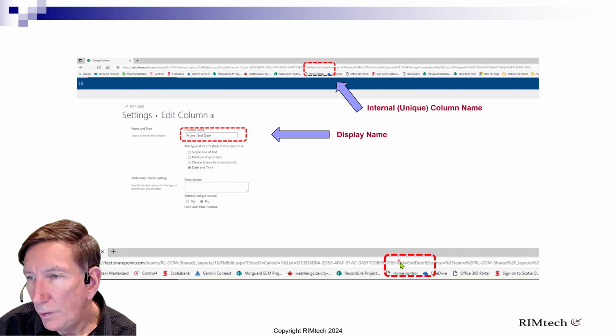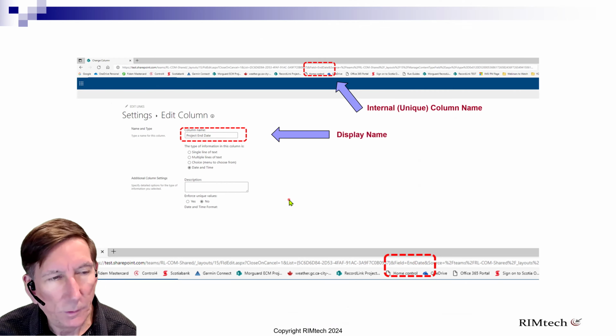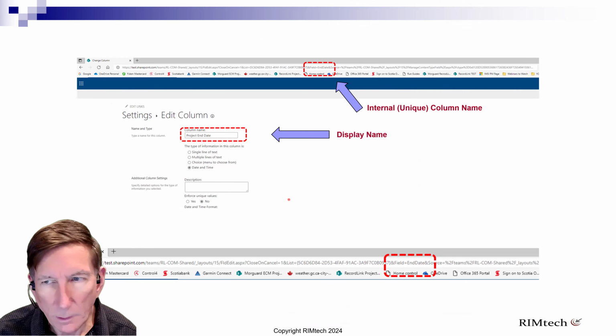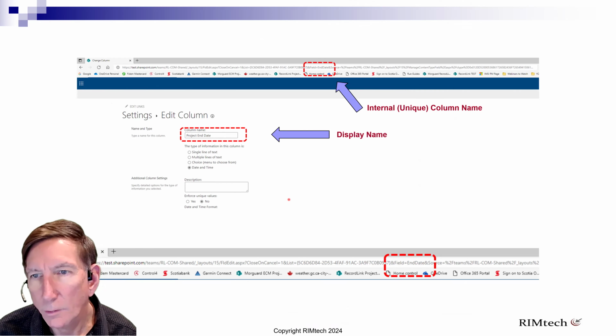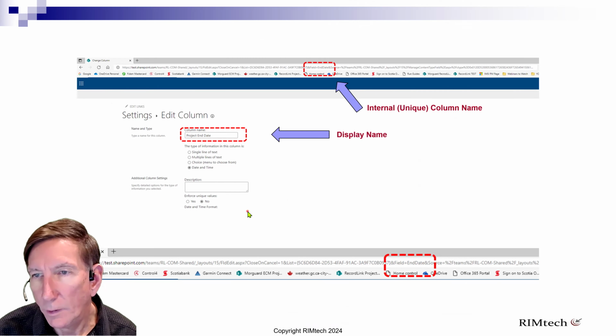It says field equals END, uppercase DATE. Field equals end date. Notice it's stripped out some stuff. You don't get a choice as to what SharePoint calls the column internally. And once that column exists, it can never be changed for life. It's on it for life.